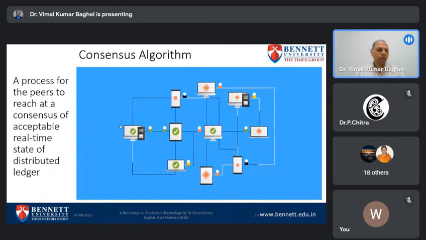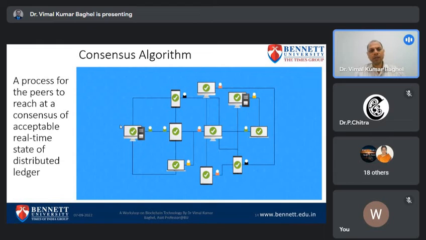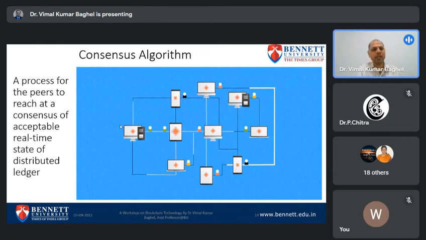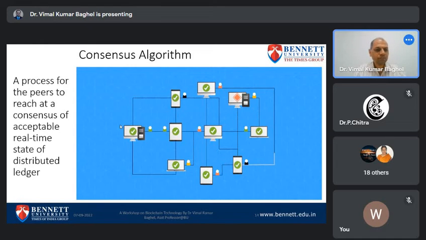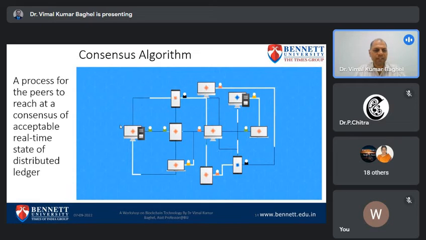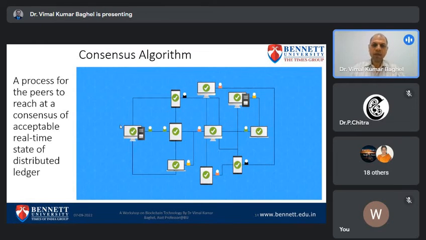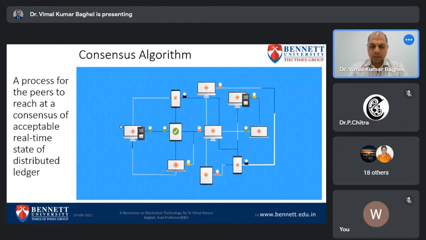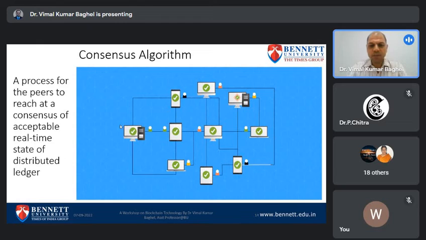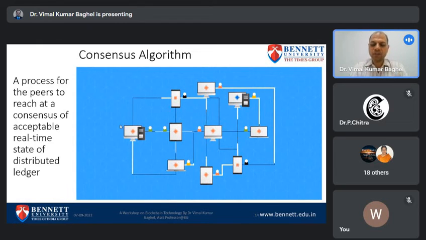All right, now let us understand the consensus algorithm a little bit. A consensus algorithm is a process for the peers to reach consensus on an acceptable real-time state of the distributed ledger. We talk about how agreement is achieved on particular transactions inside the blockchain.